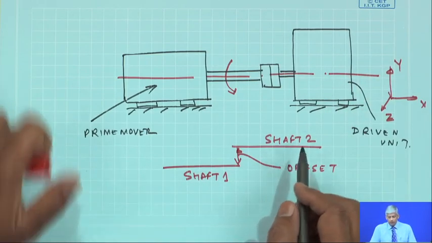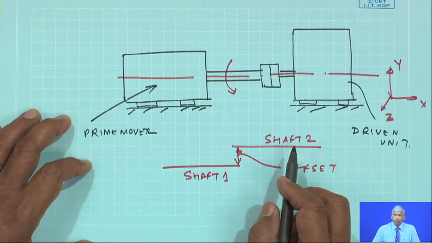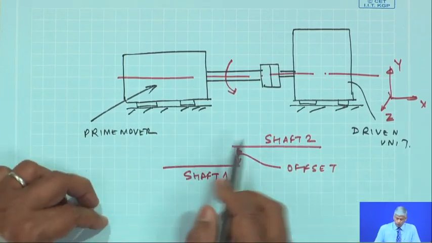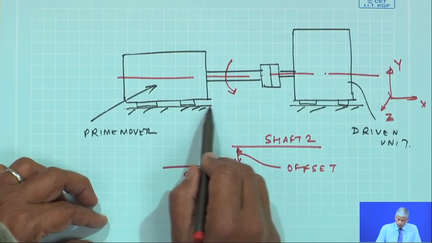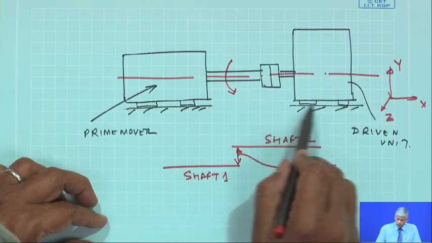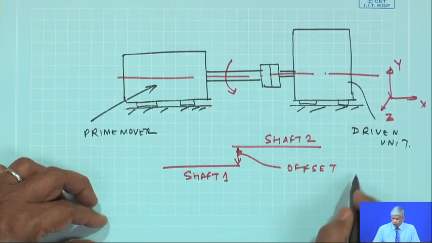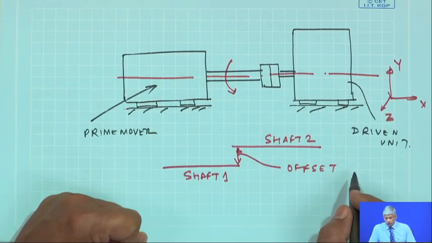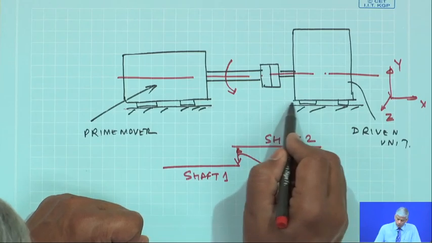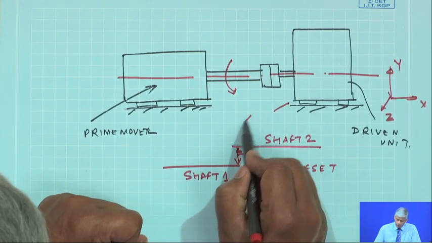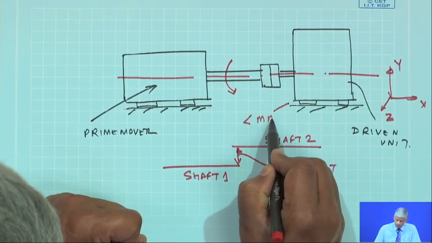Misalignment happens because when you are installing large machines, these foundations have to be almost in a very straight line, smooth, and because of a little defect in the construction, and these tolerances could be of the order of a few millimeters, less than a millimeter.